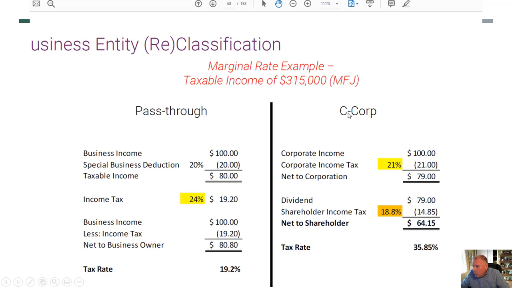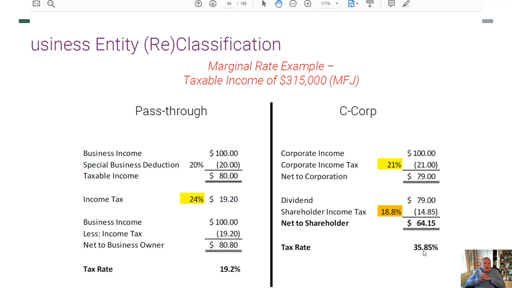Then in the C corp, this is how it would work: 100 times 21%, okay? And that's the corporate rate, which would give you 79, and the shareholder income tax at 18.8%, assuming taxable income, would be a tax of 14.85, net to the shareholders of 64.15, or a tax rate of 35.85.